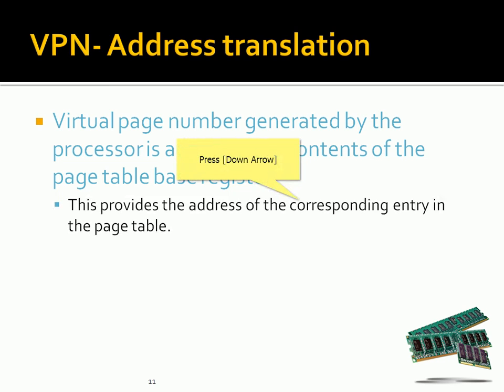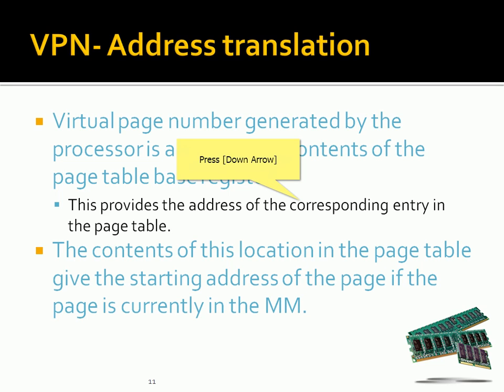So this provides the address of the corresponding entry in the page table. The contents of this location in the page table give the starting address of the page if the page is currently in the main memory.